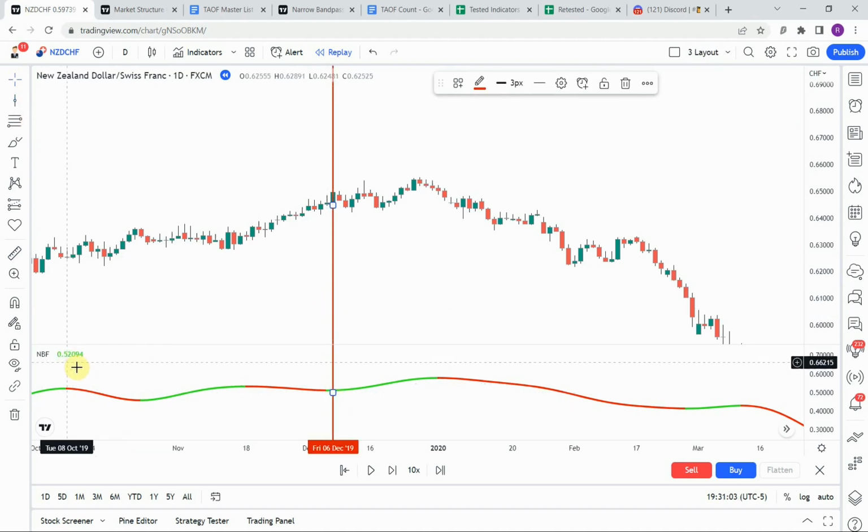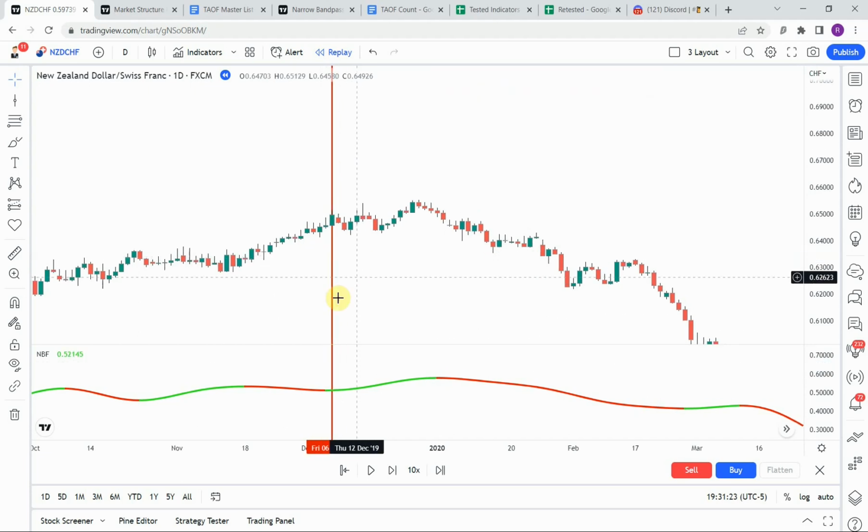If you look at the coordinates right here above my cursor, as I mouse over each individual day, you can see that it does change color according to the line itself. And so you can see that we're red, red, red here, and then boom, on this day, it switches to green. And so that would have been a signal to go long right there.